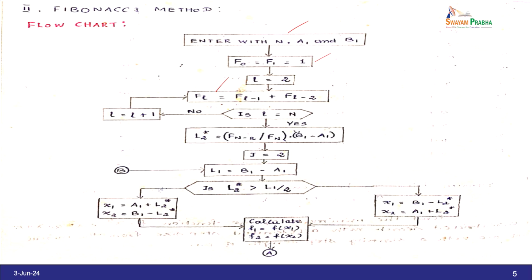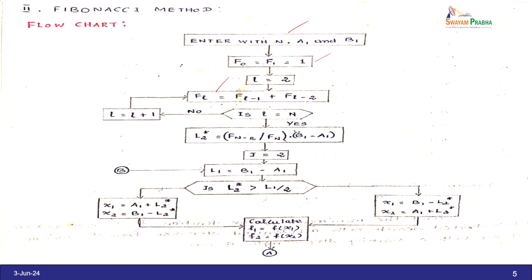If l is l plus 1, then fl, otherwise you go to l equal to n. If yes, continue to the next step. If no, go to l equal to l plus 1.